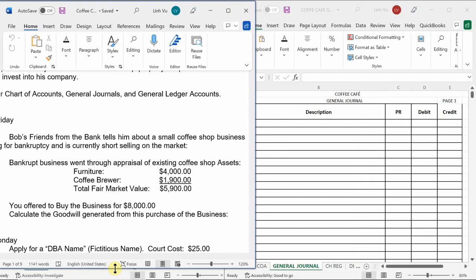If I'm buying the business for $8,000, we have furniture that's worth $4,000, we have the coffee brewer for $1,900. This business is only worth $5,900. So how much is the difference? How much money am I putting extra into this business?